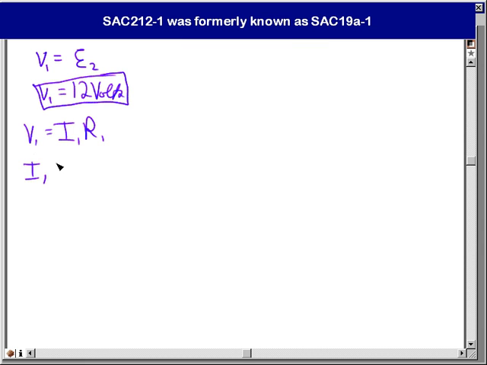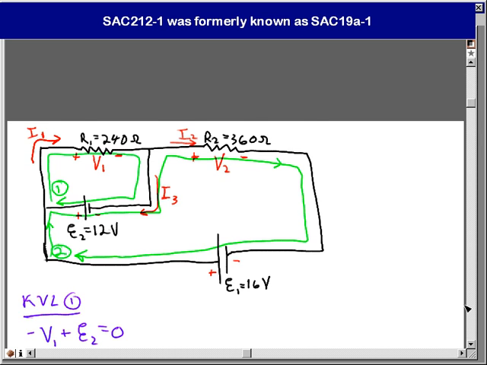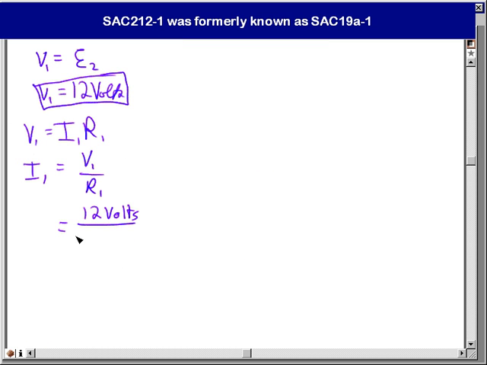So I1 is V1 over R1, which is 12 volts over 240 ohms. That turns out to be 0.050 amperes, right to 2 sig figs.